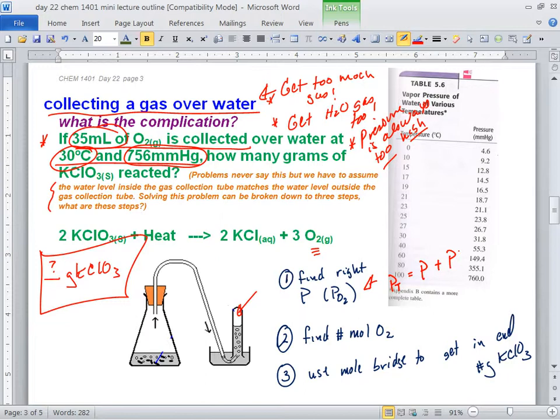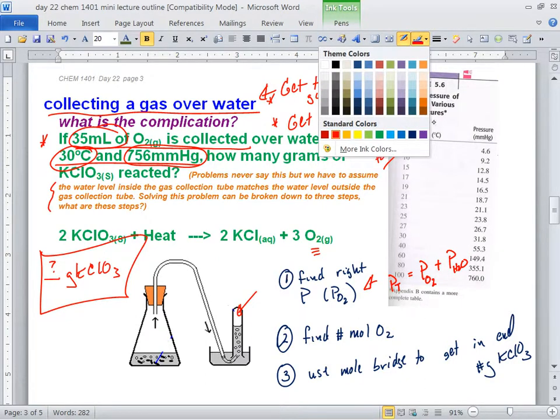What 2 gases are actually being collected in this problem? We're collecting it over water. So we want this one, so definitely that's one of the gases being collected. Anybody, what's the other gas? H2O. Okay. In this problem, that's 756 millimeters of mercury.